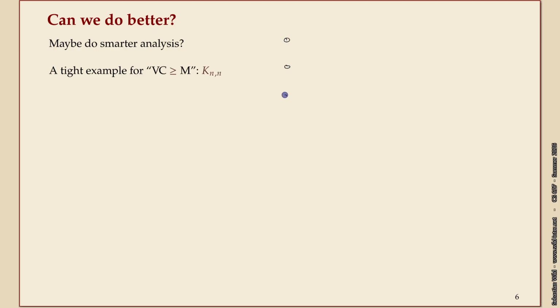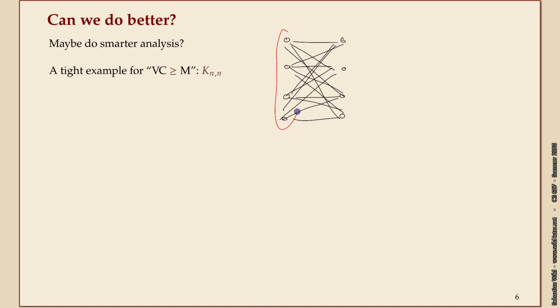And an interesting tight example is the complete bipartite graph, where you have all edges between the left and right points. So everything is connected, but there's no edges between the red and the green side. Bipartite means you can split the vertices into two sets so that there's only edges between the sets, not within the sets.